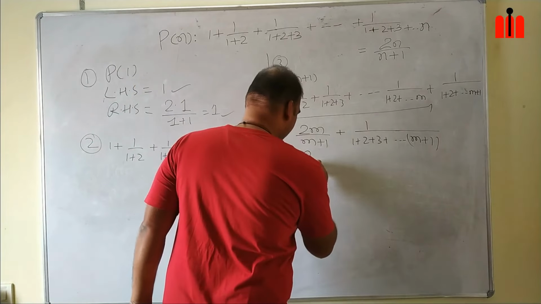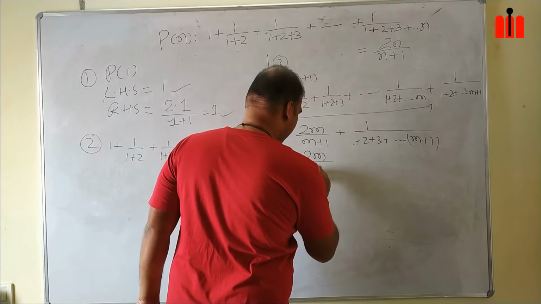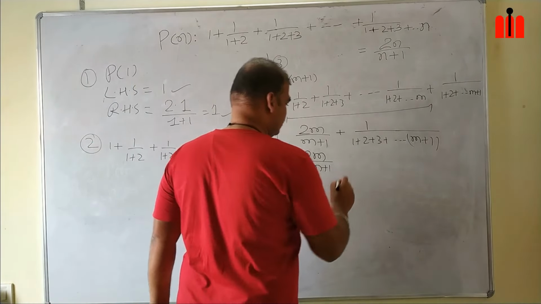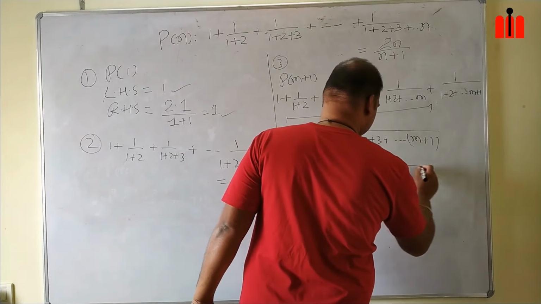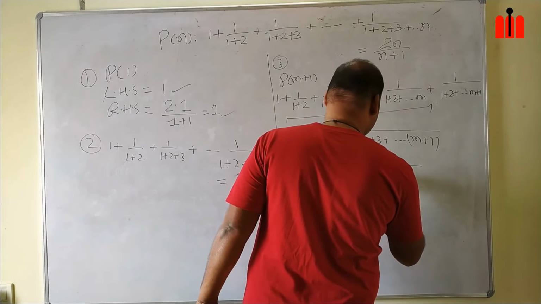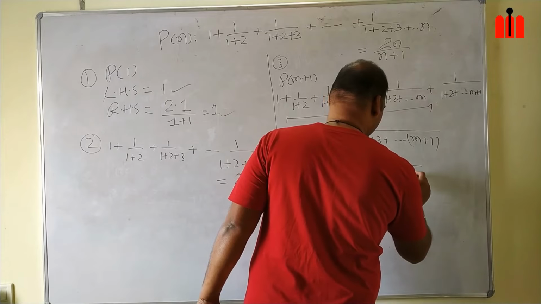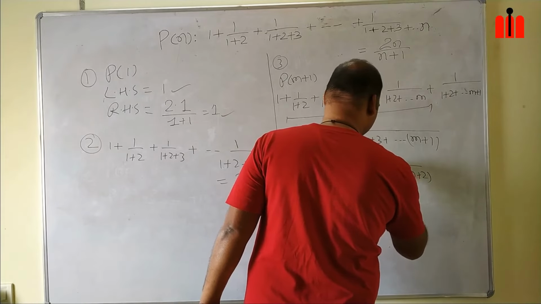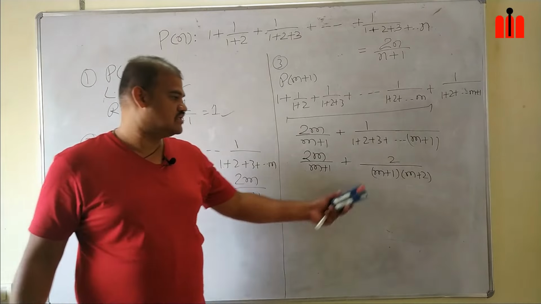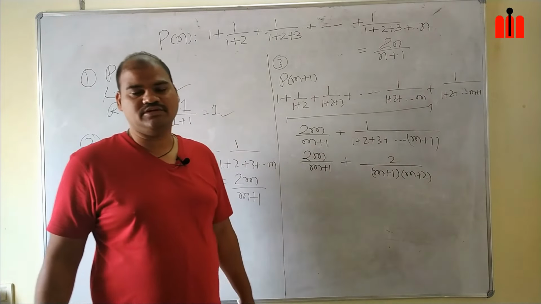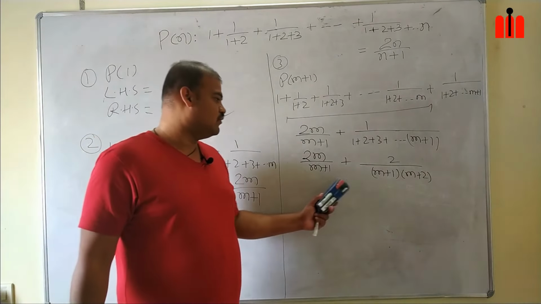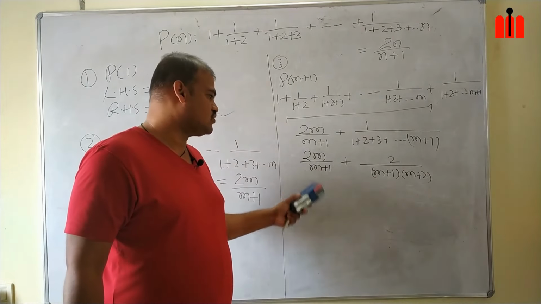So it will be 2m/(m+1) plus 2/((m+1)(m+2)), the reciprocal of the sum of first m+1 natural numbers. Now m+1 is common in this.